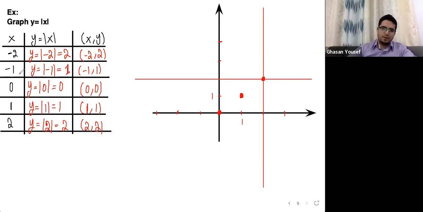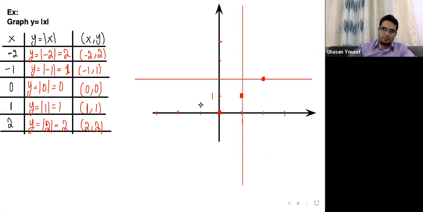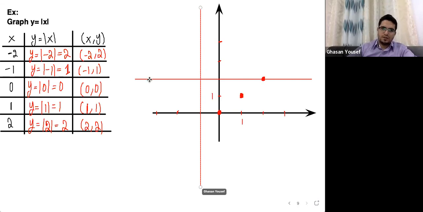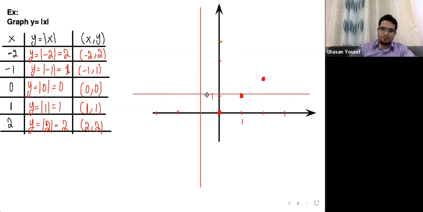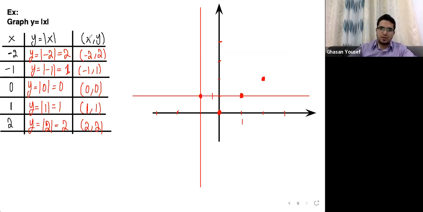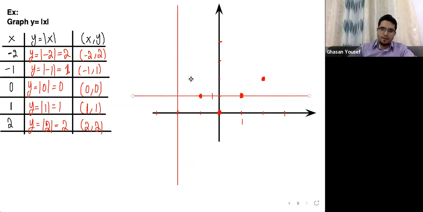At 2 is 2. Now at -1 is 1. So again, this is my -1, and at -1 is 1. And the third one is (-2, 2). So this is -2, and this is 2.